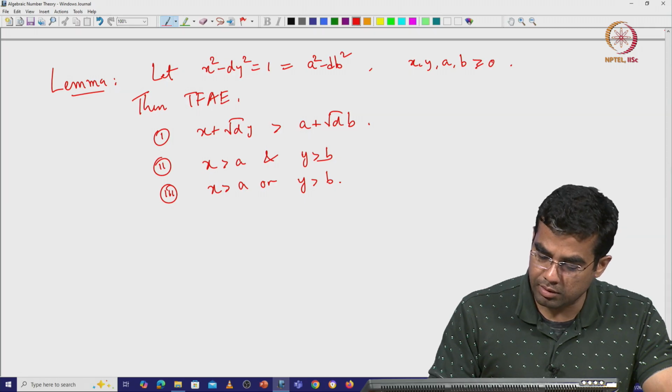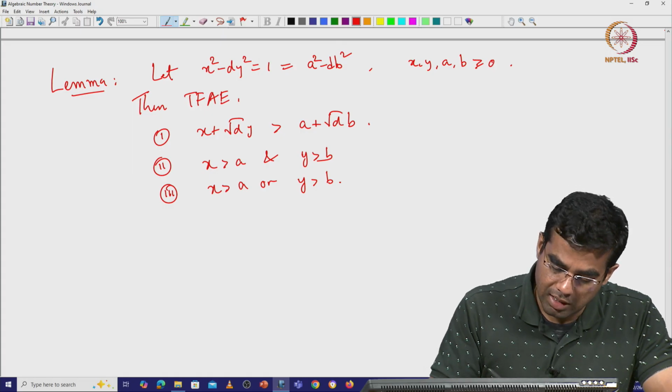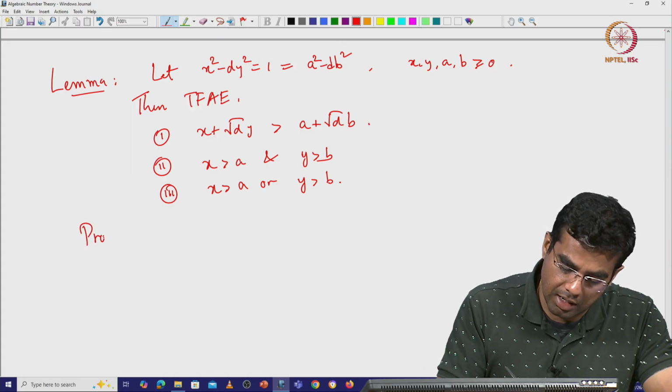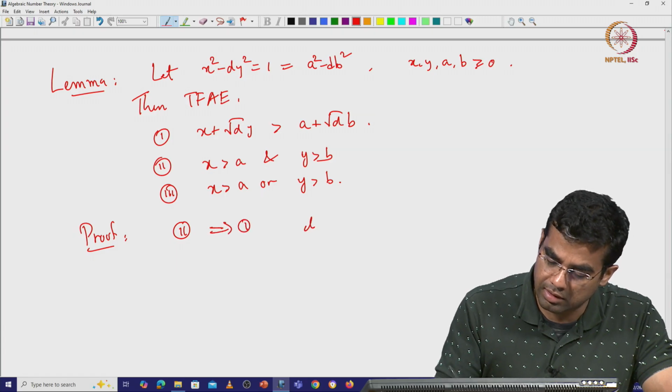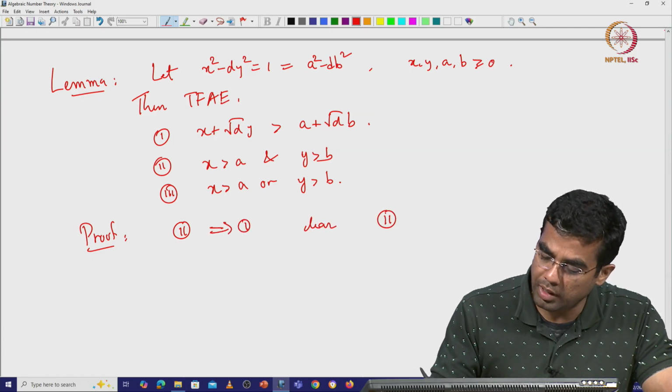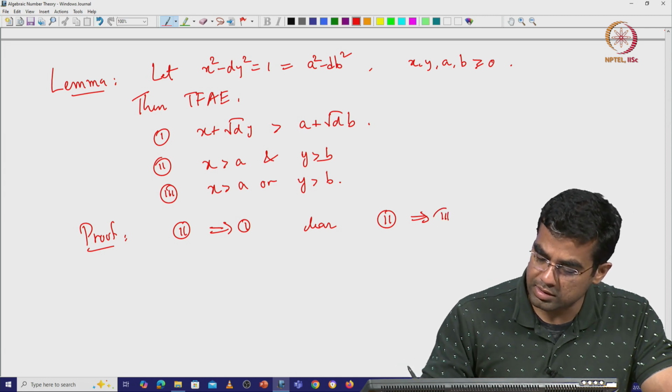Okay, and maybe I said something slightly wrong the last time. What is clear is that 2 implies 1, and 2 implies 3 is also clear. I think I said the other way around last time.